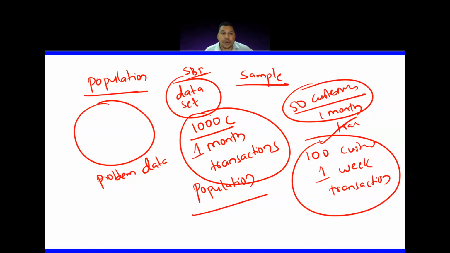I hope you understood population and sample. Population is the whole data set we have with us, and a sample is a small amount of information from that whole data set. So SBI's 1,000 customers' 1 month of transactions can be called a population, represented using P, and we have sample S. Now, why do we have to study population and sample?